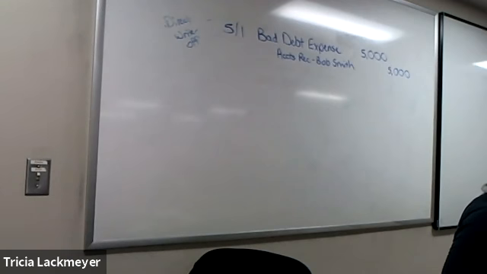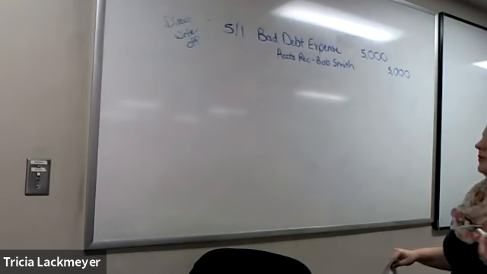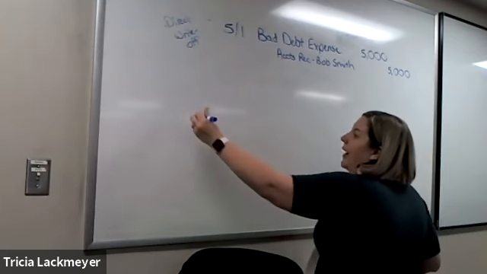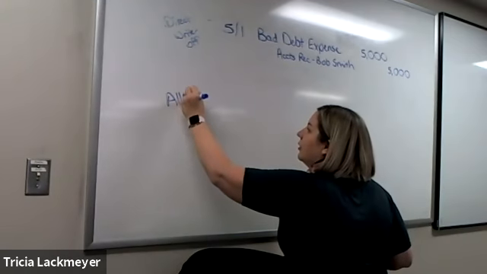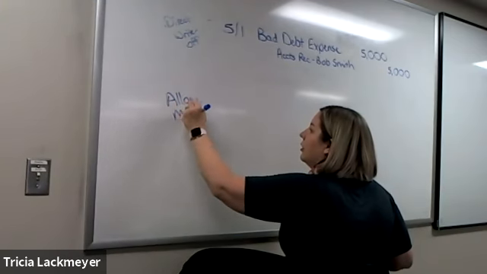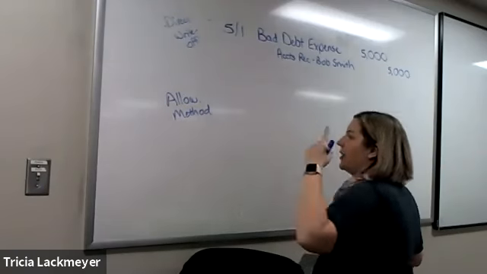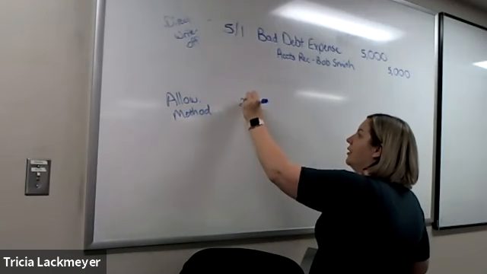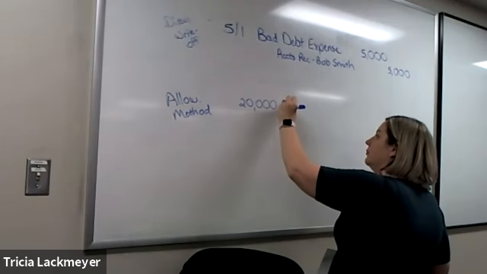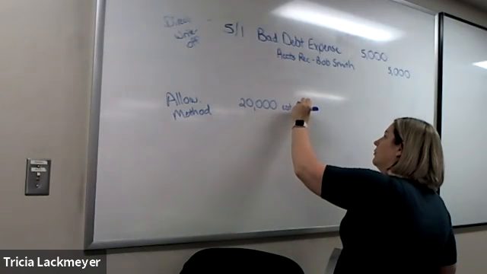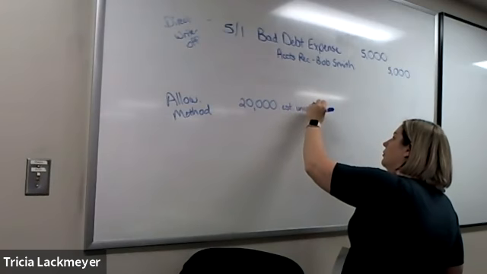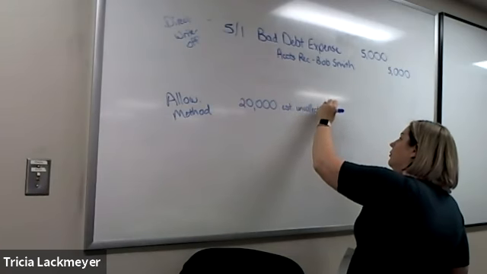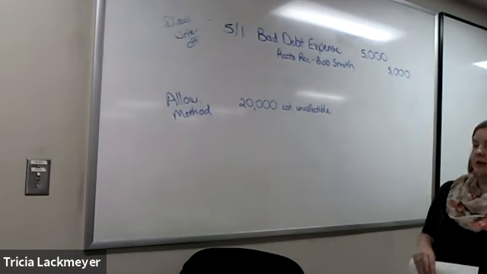When they tell us, whatever you get there, if you remember, they're going to tell you, oh, we deem, let's just say, for example, we'll give an example under allowance. So say during the period, we think that 20,000 is uncollectible. Okay, we'll just make an assumption.